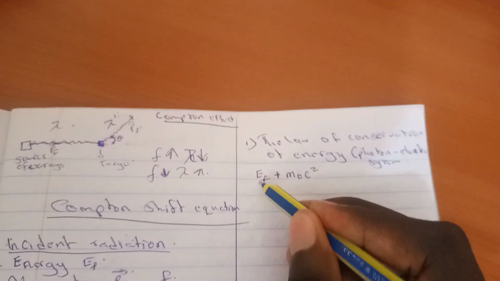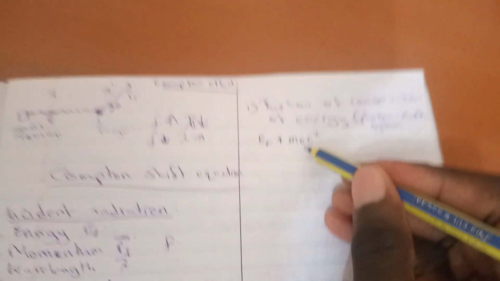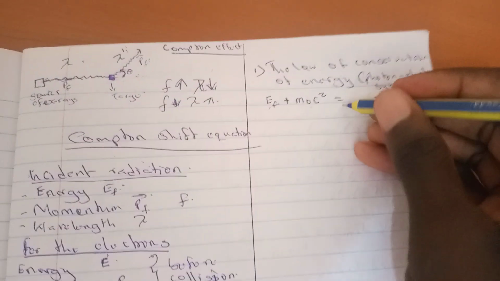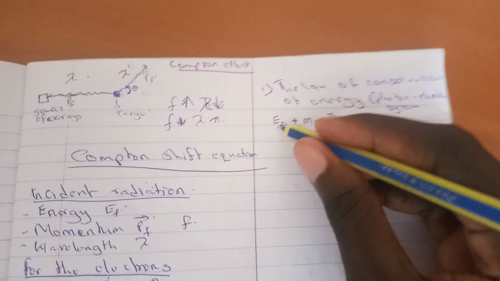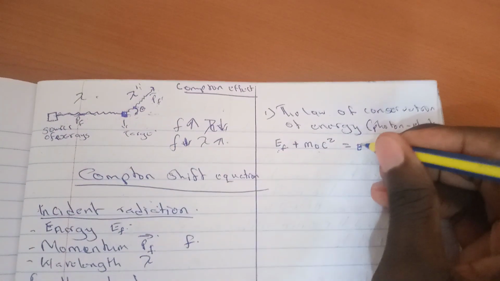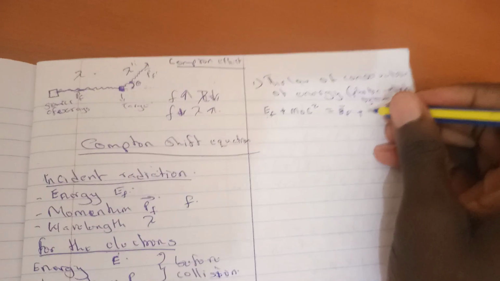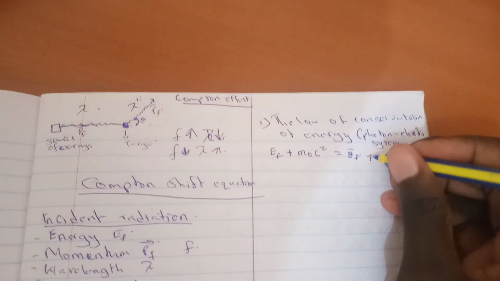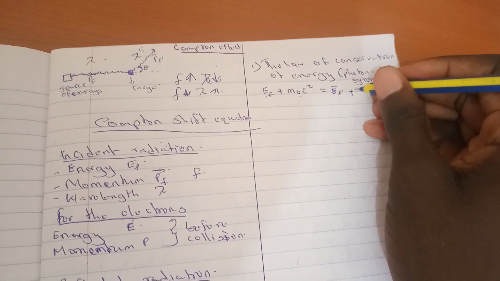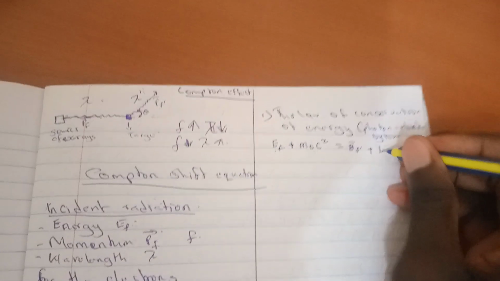So energy of incident photon plus energy of the electron at rest should give you the energy of the photon which has been reflected, E_F prime, plus the energy of the electron which has been reflected. Let us call it E.